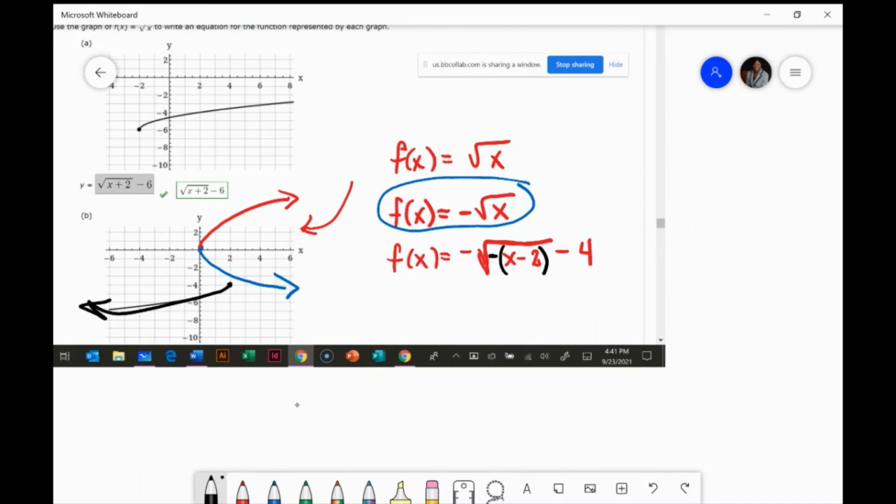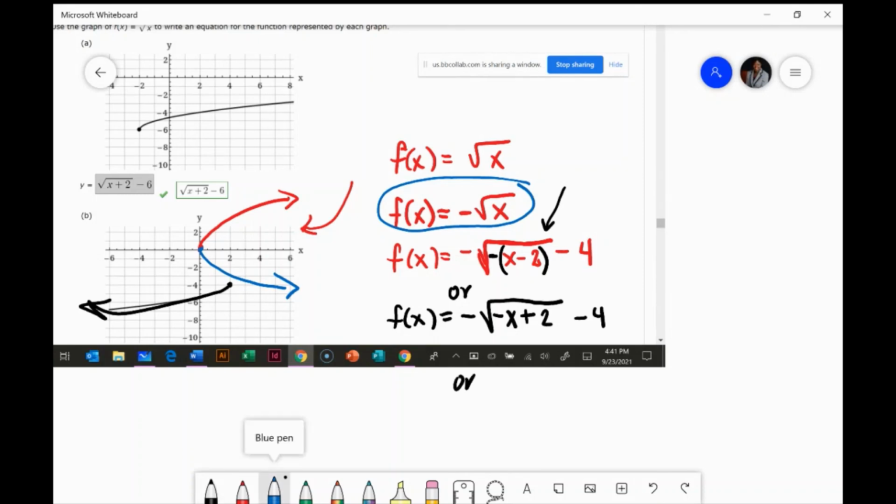All right. This could have been written in several ways. It could have been written like this, negative square root of, let's distribute the negative. If we distribute the negative, wouldn't it be negative x? What else? So look at this. Let's distribute the negative. Plus 2, right? So I know that looks strange because we think a different way, but this is the same.